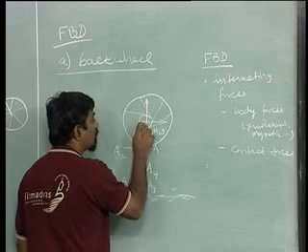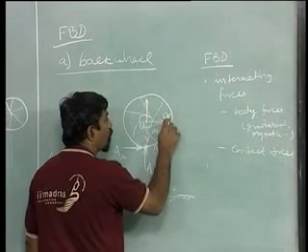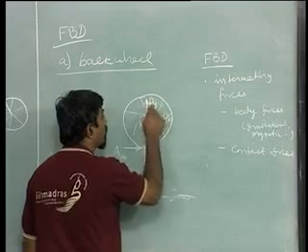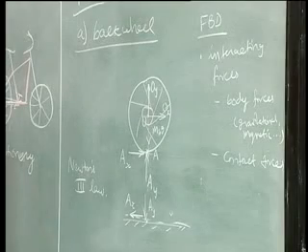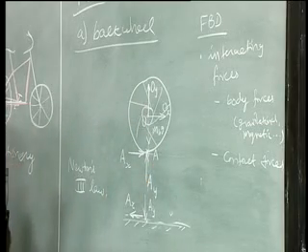Let us call this point O, so that we have OX and OY that appear when we remove the frame from it. This should be clearly understood, so that it is possible for us to draw this free body.